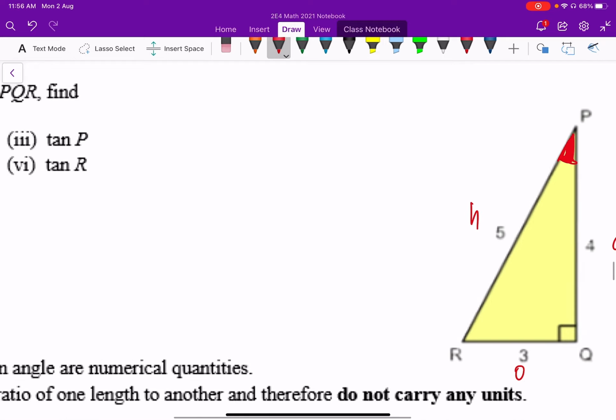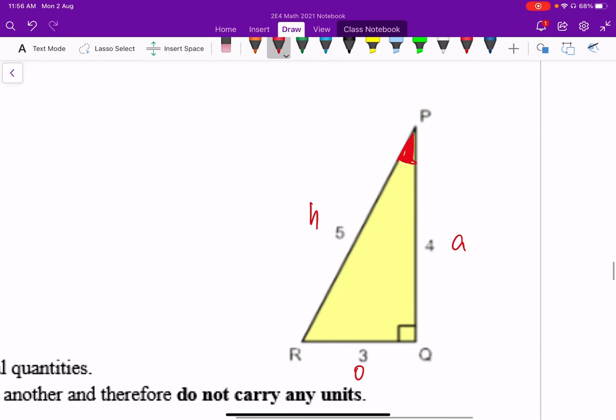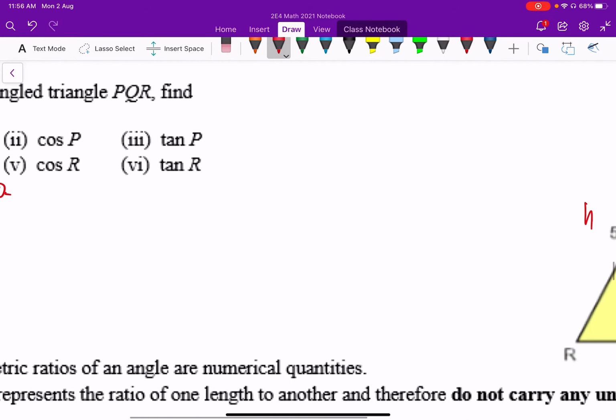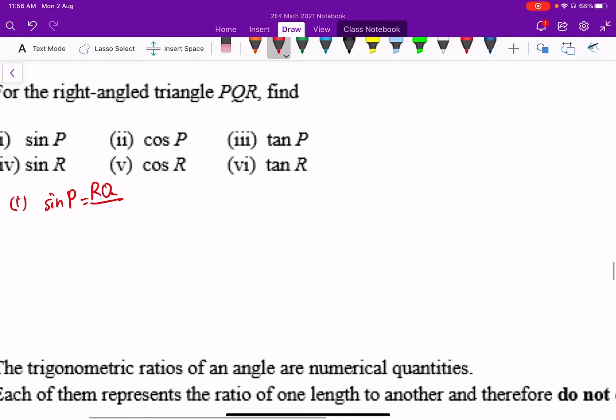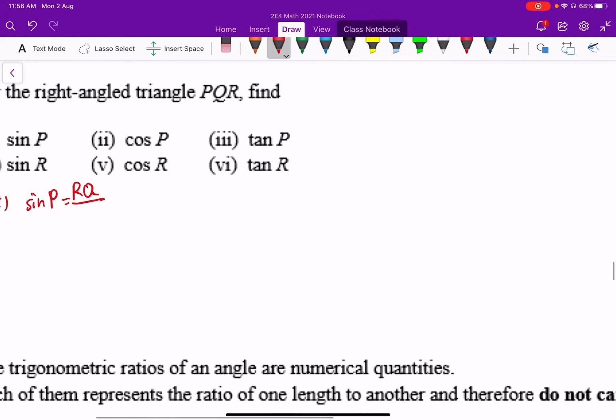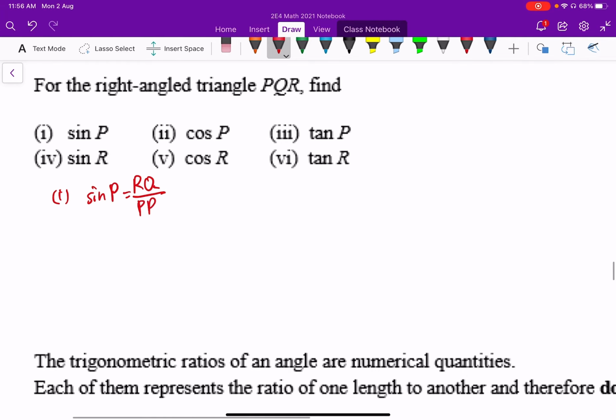This is H, O and A. So if the question wants us to find sine P, it will be equals to RQ over PR, which is supposed to be your O over H. So this is 3 over 5.